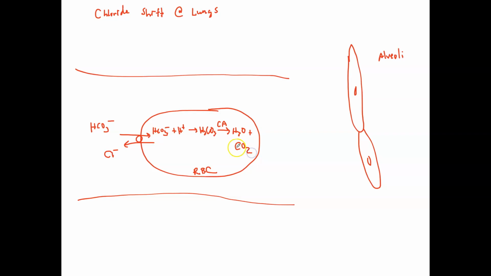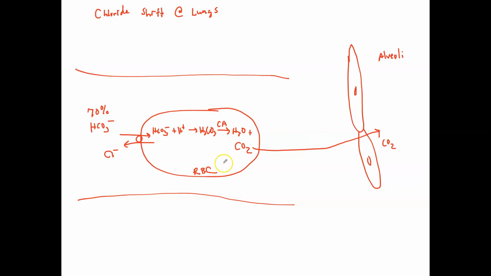So now we've turned the bicarbonate back into CO2. That is 70% of the CO2 transport. So this carbon dioxide then is going to diffuse into the alveoli so that we can get rid of carbon dioxide using the respiratory system.